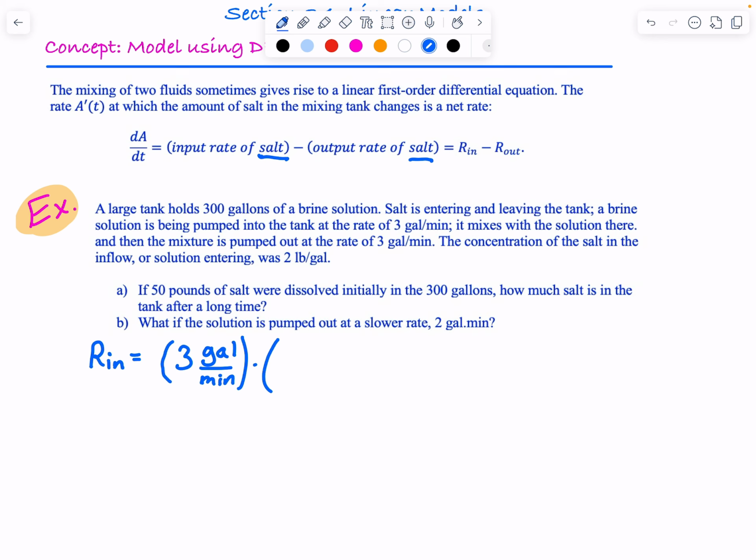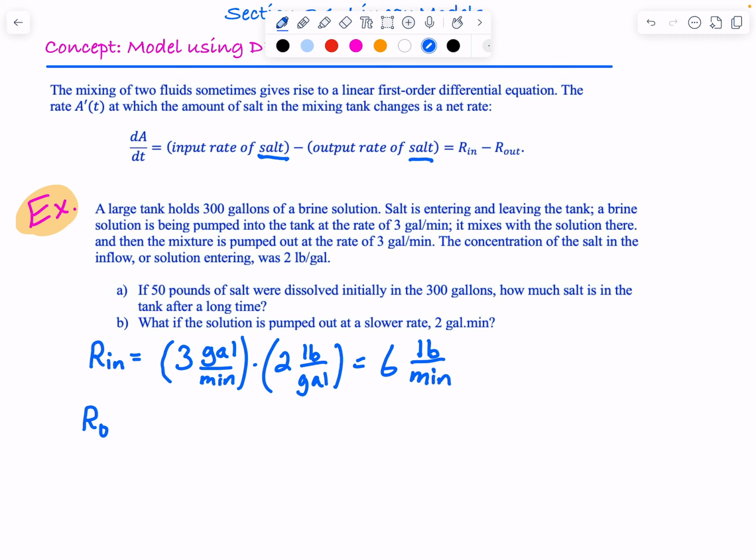And then I know that in that 3 gallons, we were putting 2 pounds of salt, so I got 2 pounds per gallon. Now notice if I multiply that, I get 6, but the gallons go away. And this tells me that I am pumping 6 pounds of salt per minute into my container.